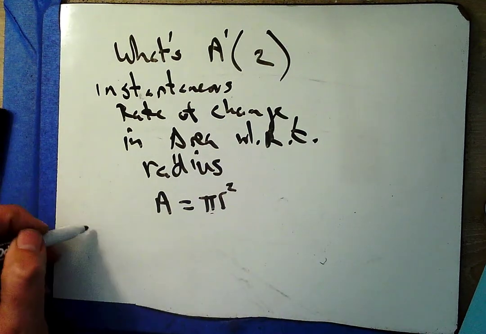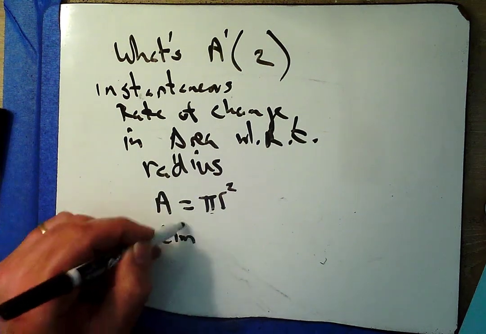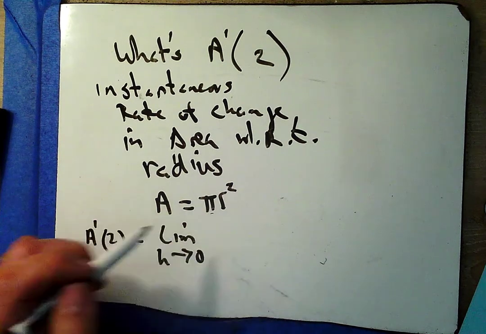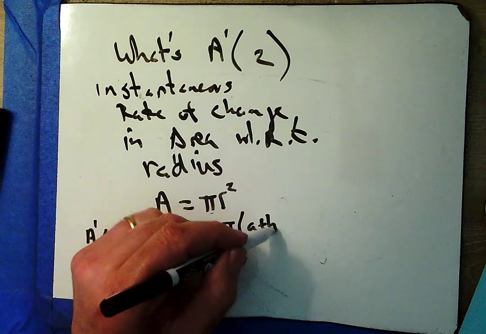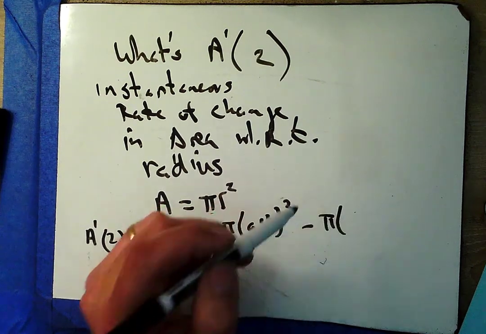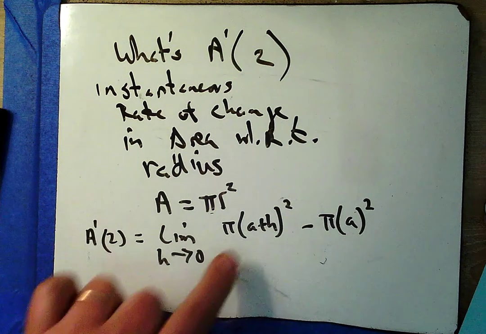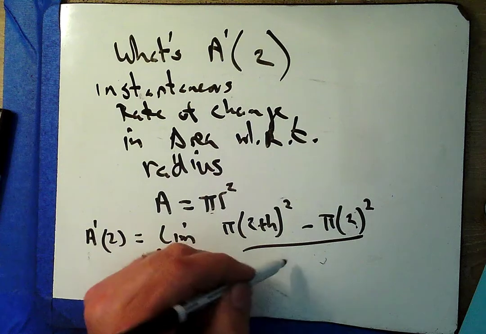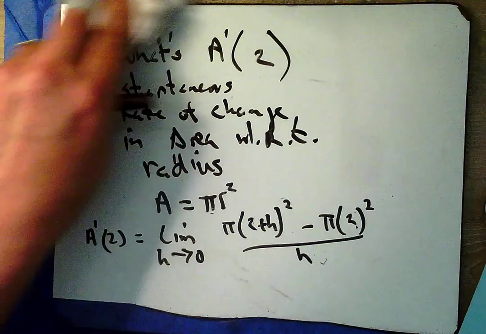Maybe I'm going to say a prime of 2 is the limit as h heads to 0 of, I need f of a plus h, so that's pi times a plus h squared minus f of a, which is pi a squared. Oh, my a is 2. Let's put the 2. All over h.